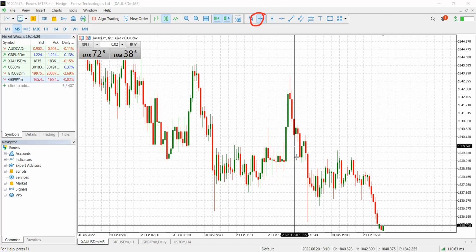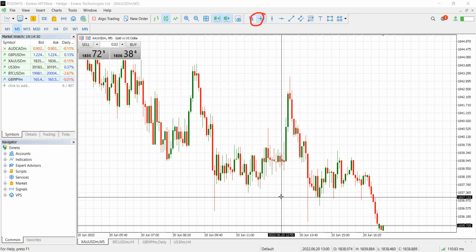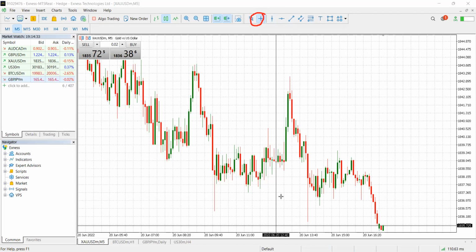So let's say we want to check the pip movement from point A, which is this point over here, to point B, which is this zone over here. Let's say all the way here. We want to check the pip movement.